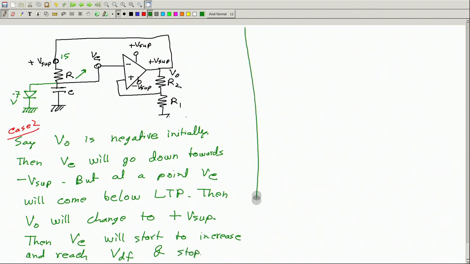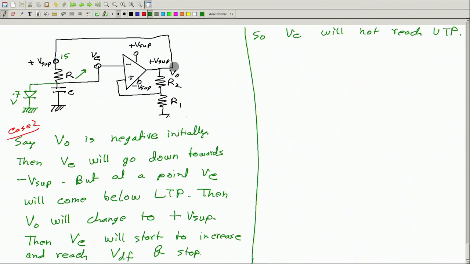Okay. So, Vc will not reach upper trigger point. So, it will stop there with the output being positive.